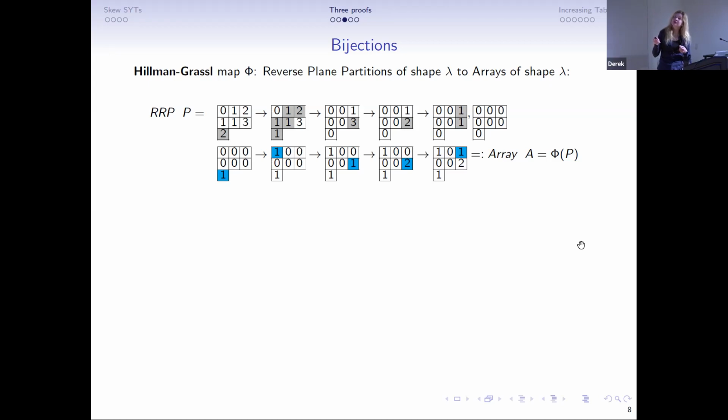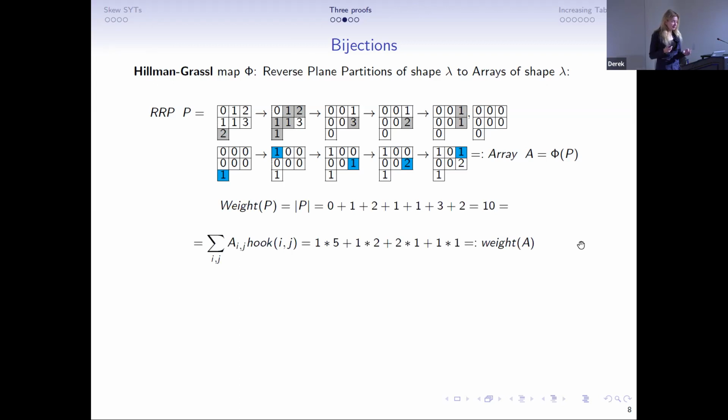So this is the corresponding corner box, which is going to record a 1 in here, and so on and so forth, until we get to the 0 reverse plane partition, and we fill out an array of numbers which have a priori no restriction between each other.